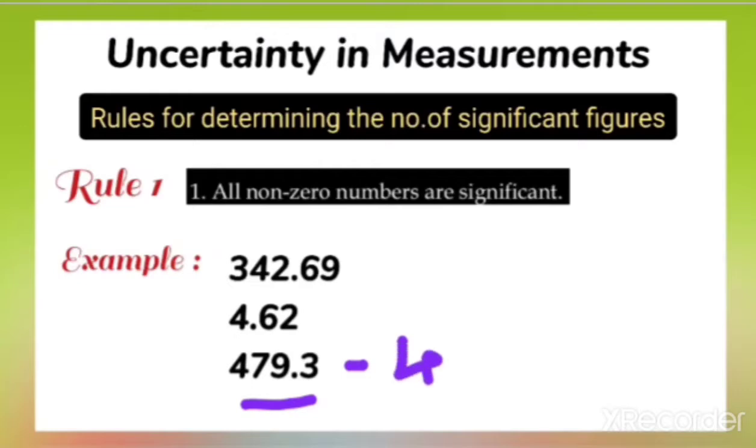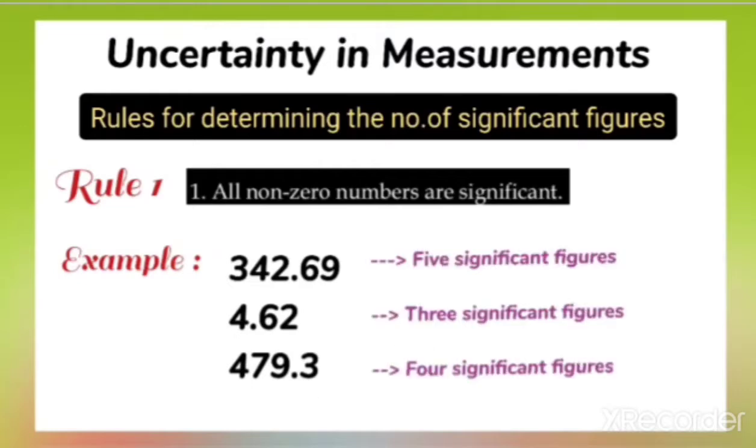Let us check the answer. 5 is the number of significant figures for the first example, 3 for the second, and 4 for the last one. So this is the first rule: whenever we have any number, all the non-zero numbers are significant. You can count all these numbers among the significant figures. That is rule 1.